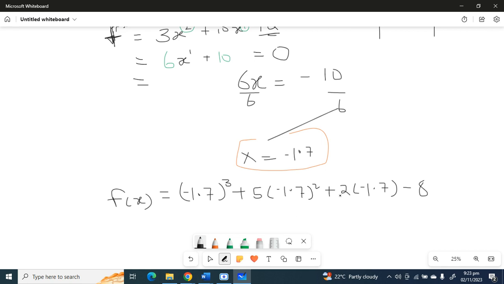So let's solve for our y coordinate. So we say negative 1.7 cubed plus 5 times negative 1.7 squared plus 2 times negative 1.7 minus 8, negative 1.8.